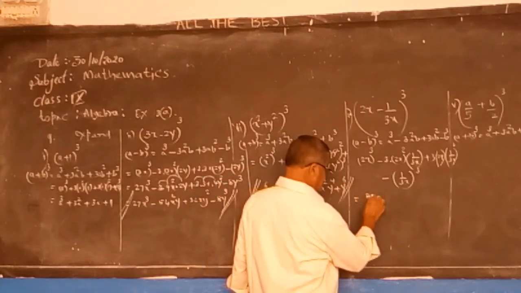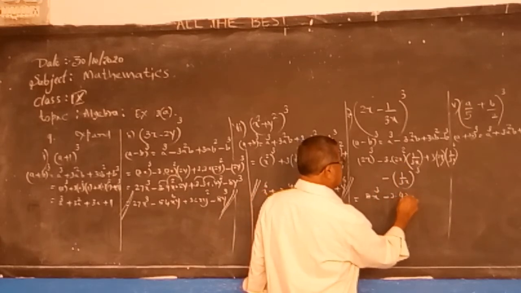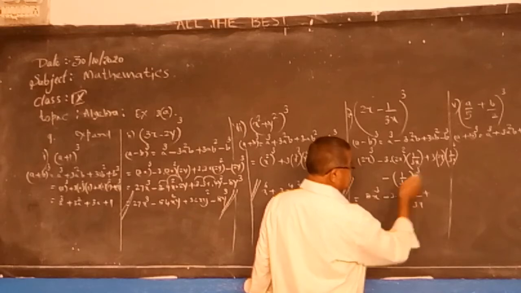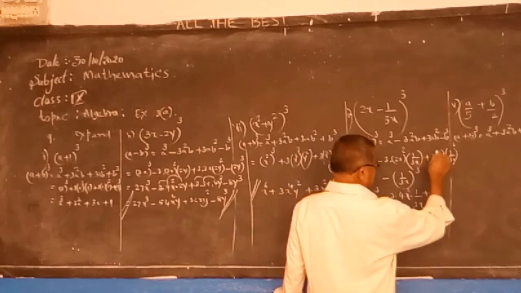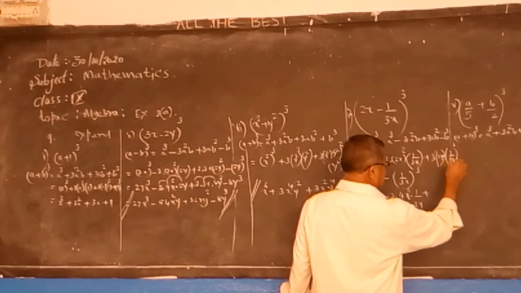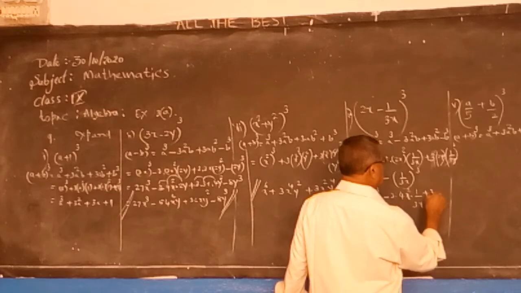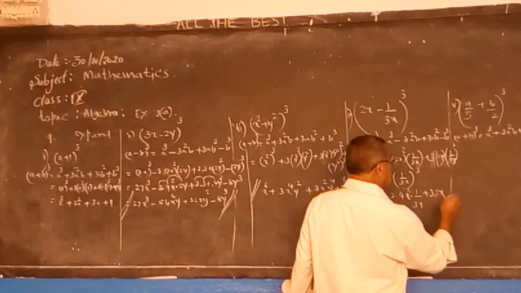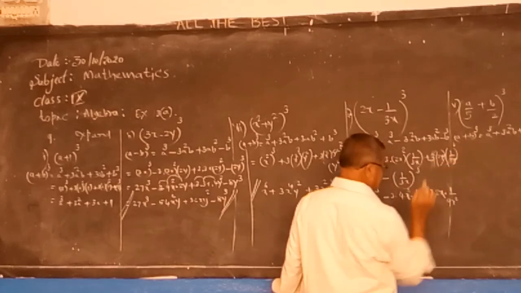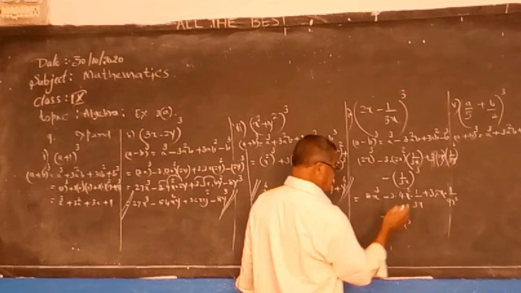Now 8x cube minus 3 into 4x squared into 1 by 3x plus 3 into 2x into 1 by 9x squared, because it is the square of this, minus 1 by 27x cube.